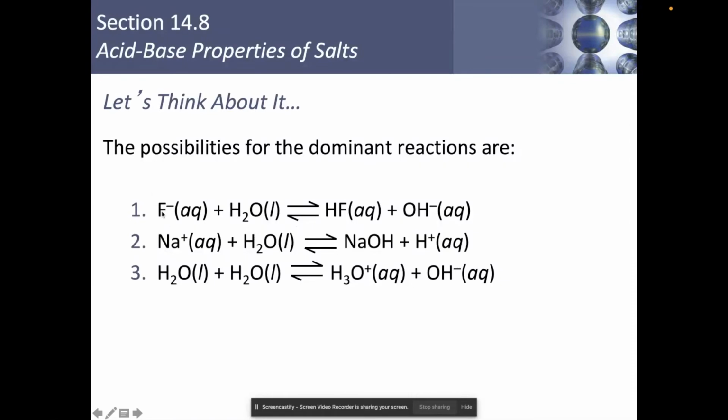So here are our three possibilities. F minus could mix with water to make HF and OH minus. Or Na plus could mix with H2O to make NaOH and a hydronium ion. Or water could self-ionize. Of these three, why is reaction 2 impossible? I'll give you a pause for that. Take a look at it. I'm making a strong base in this reaction. That's impossible.